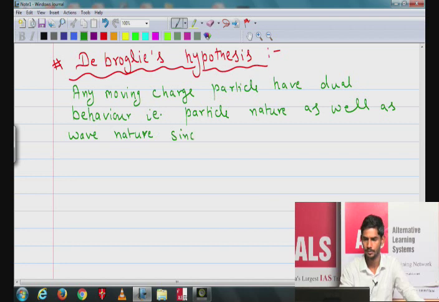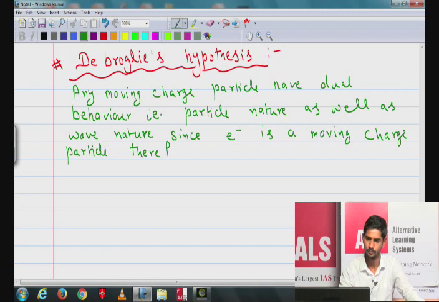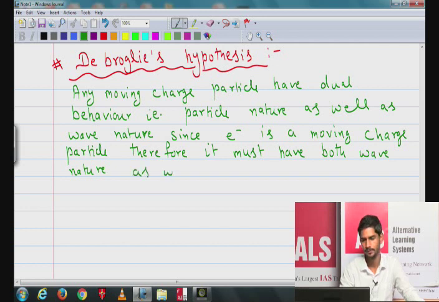Since electron is a moving charged particle, therefore it must have both wave nature as well as particle nature.